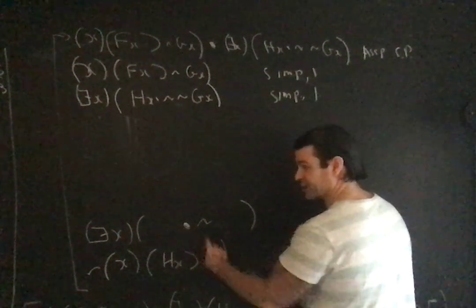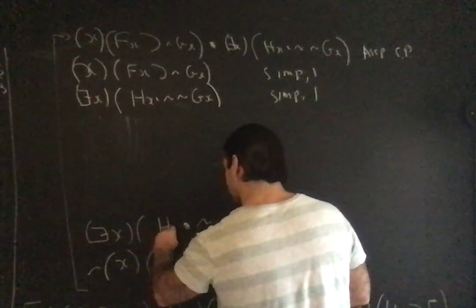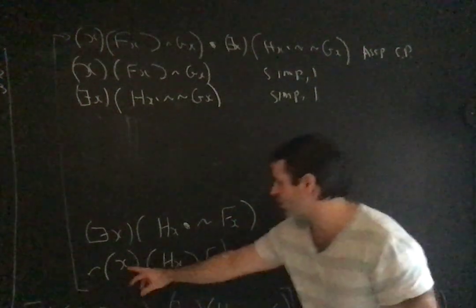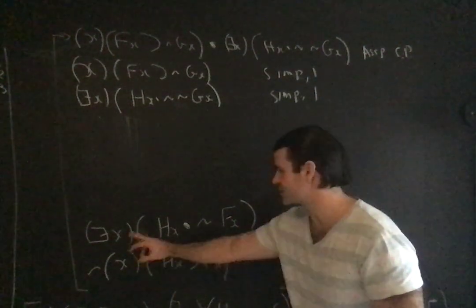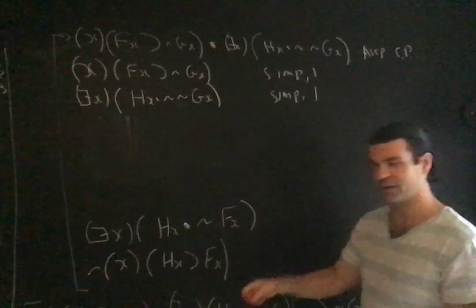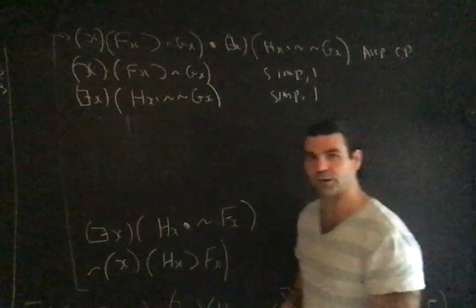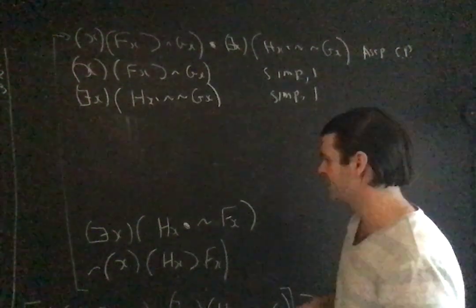Plug in the H and the F, HX and FX. Are these equivalent? Not all H's are F, some H's are not F. Yeah, if not all H's are F, then some H's are not F. That's logically equivalent, those things mean the same.